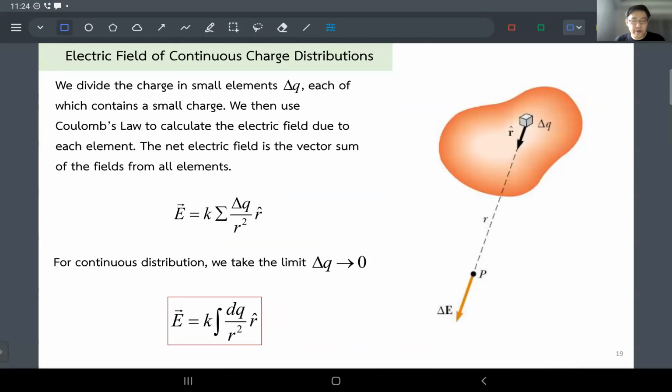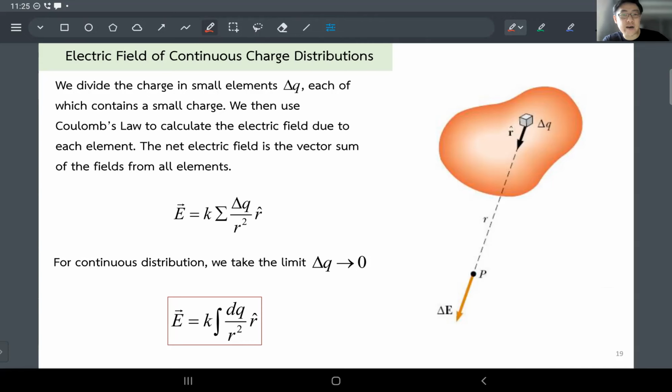So how can we extend our Coulomb's law or field calculation that we did with point charges and move on to a continuous charge distribution? The idea is simple. Calculus comes into play right away. You have to DIY, do it yourself. You have to slice or cut that continuous charge distribution into pieces. You cut it into many pieces, and each piece will be treated as a point charge. Does that make sense?